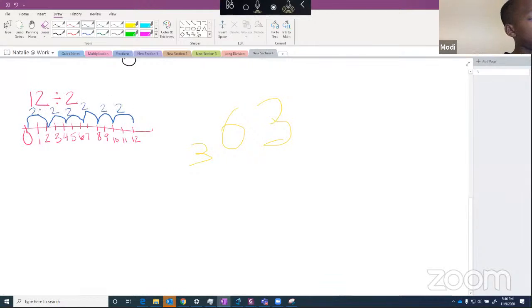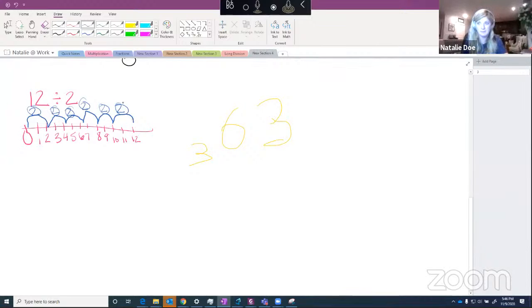So then at the end, you count up how many 2s there are, right? Is that what your teacher does, Modi? Yep. Okay, so then we count: 1, 2, 3, 4, 5, 6. So we still get the same answer, and that makes sense.